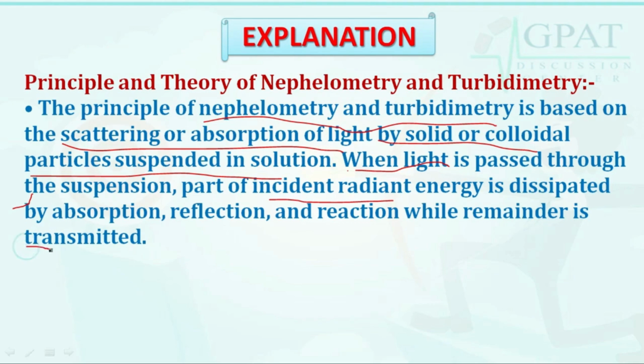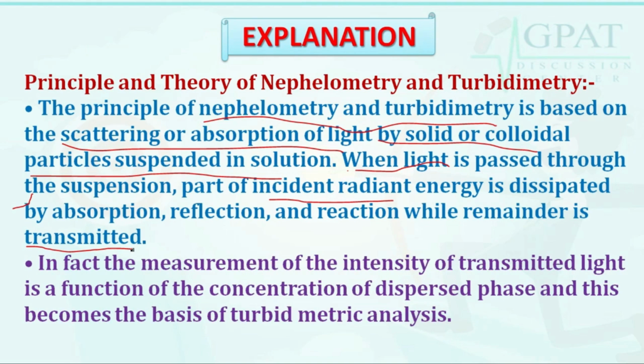Students, when we pass a light through the sample, some light is absorbed and some is transmitted. So that transmitted or scattered light is the measurement of intensity.